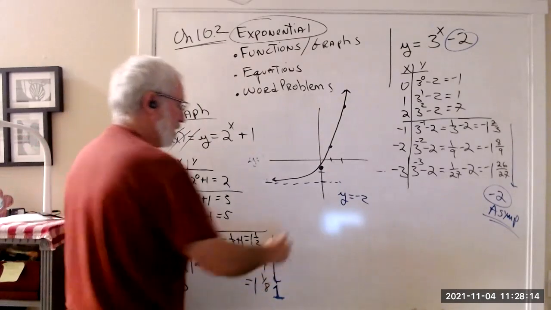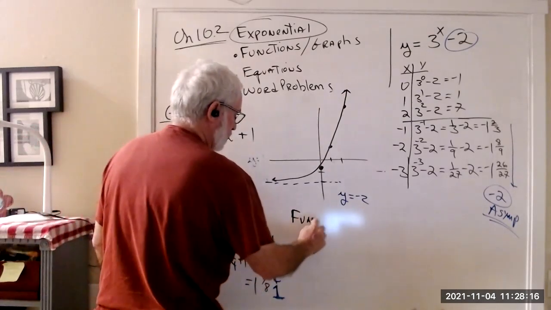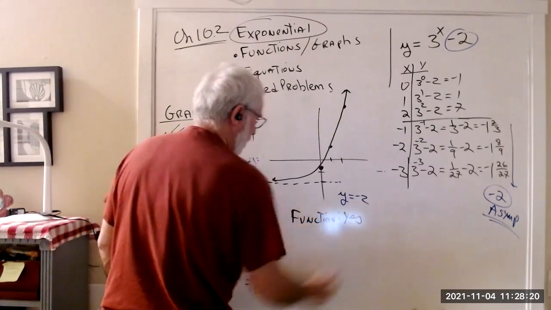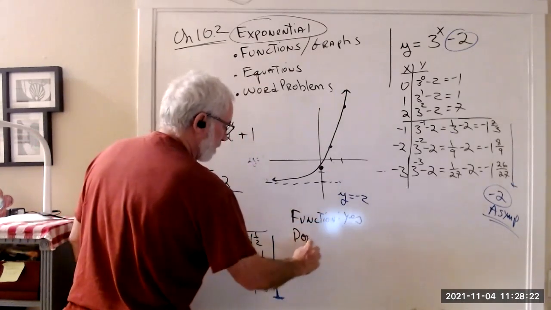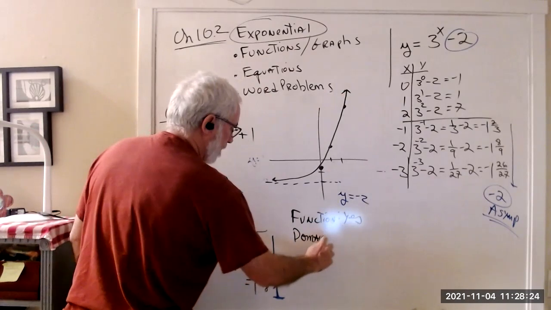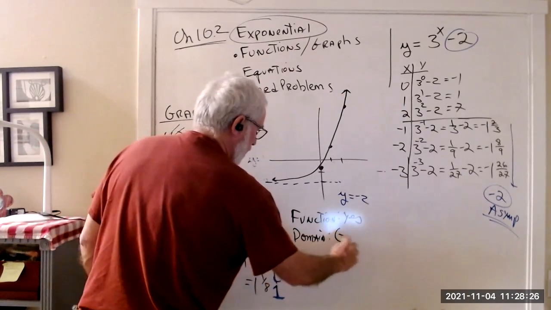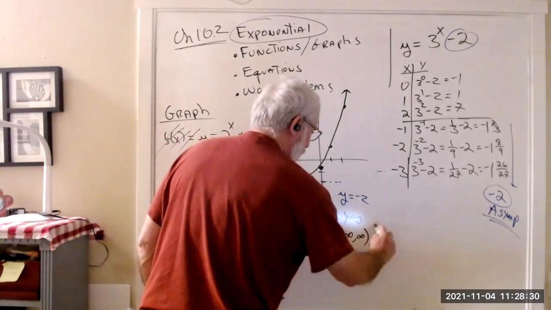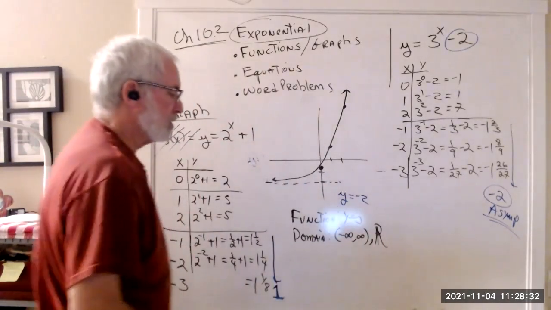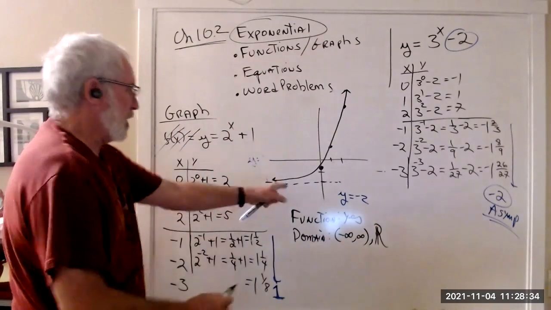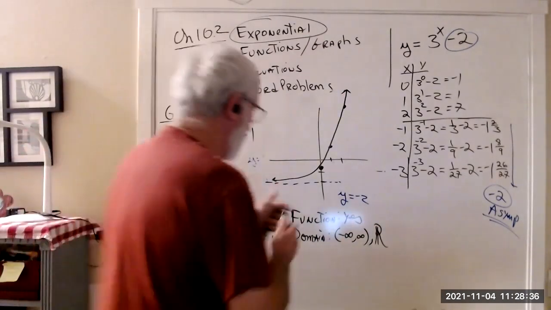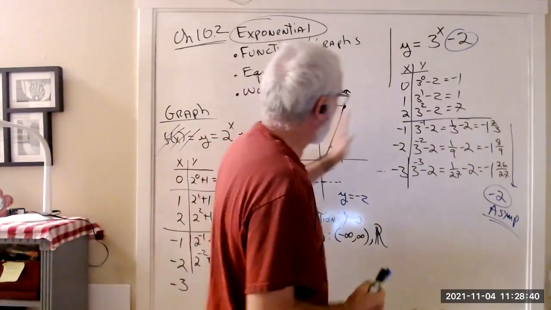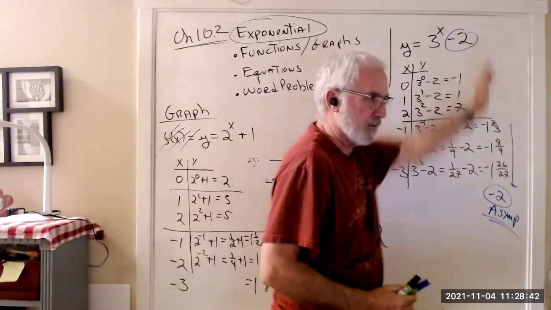Okay, is it a function? Yes. Its domain is either -infinity to +infinity, or you can do the fancy R, because x's go to -infinity, and eventually, even though it's going up, the x's are going also to +infinity.